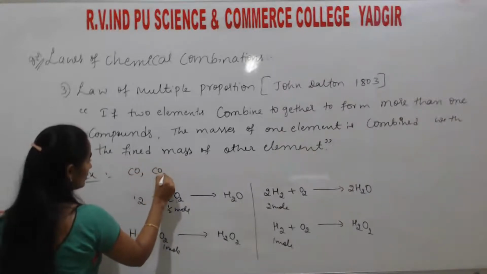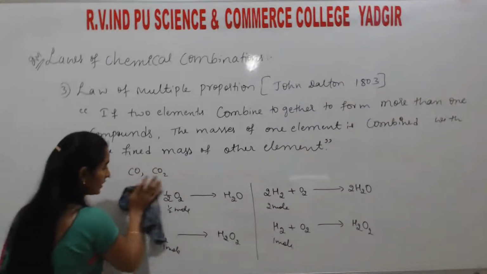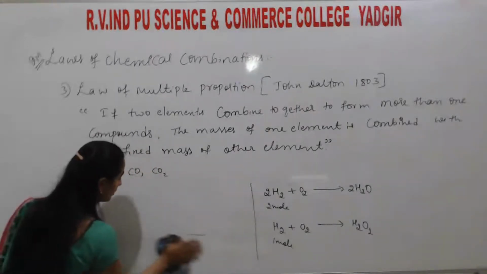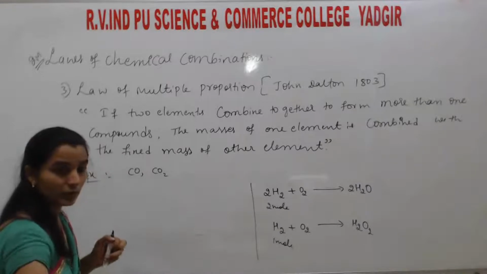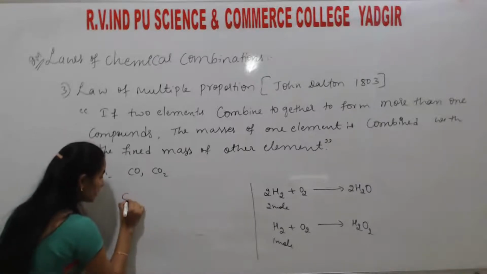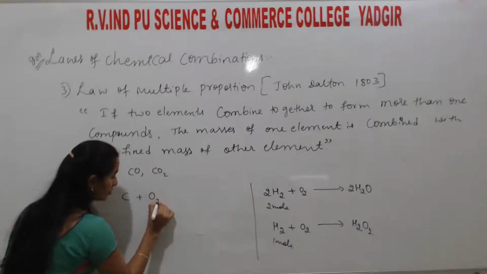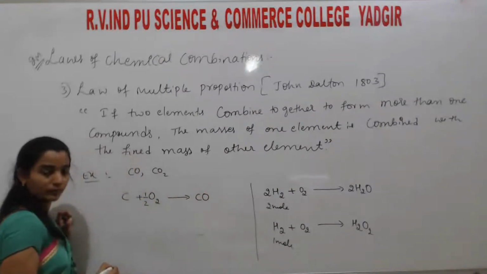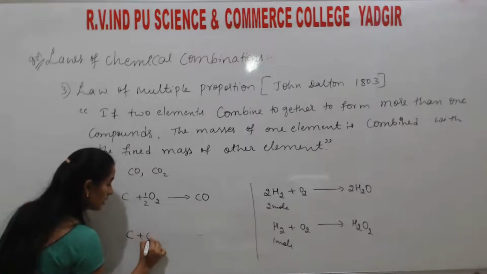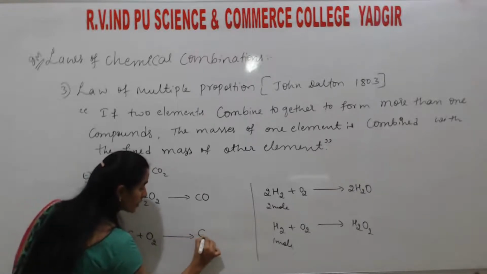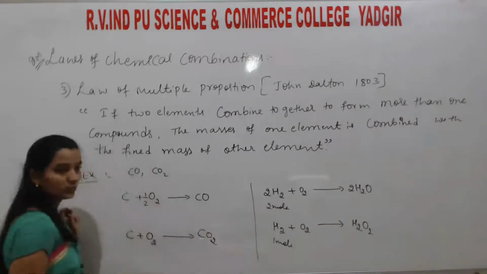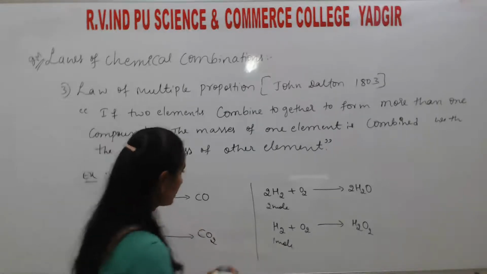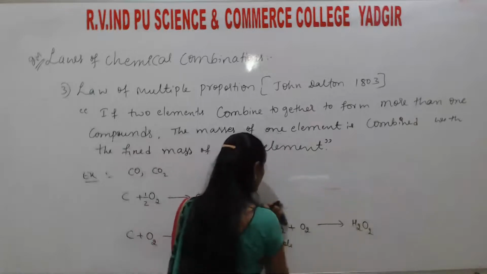Similarly, another example is CO and CO2. Here, C plus half O2 gives rise to CO. Next, C plus O2 gives rise to CO2.